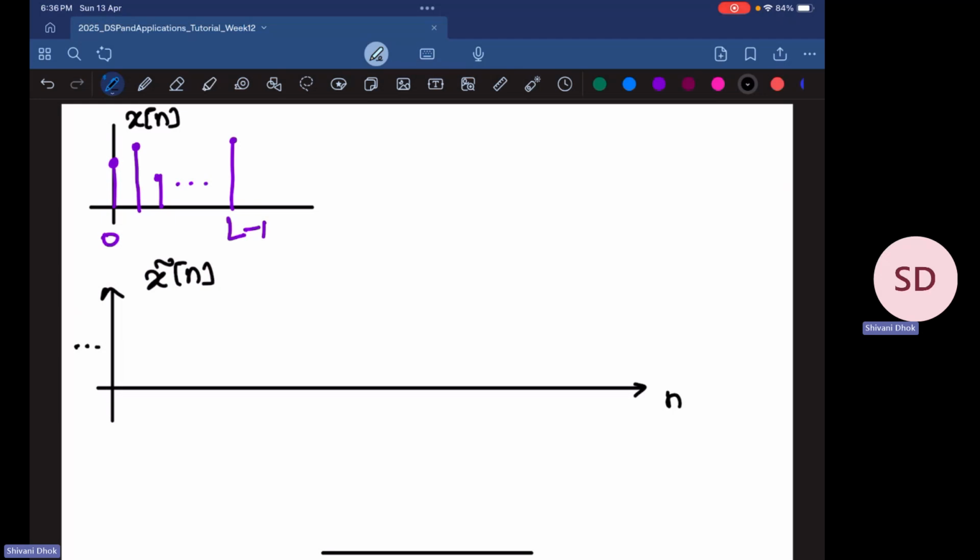So what is going to happen? At N, 2N, 3N, and so on, we have replicas of this.